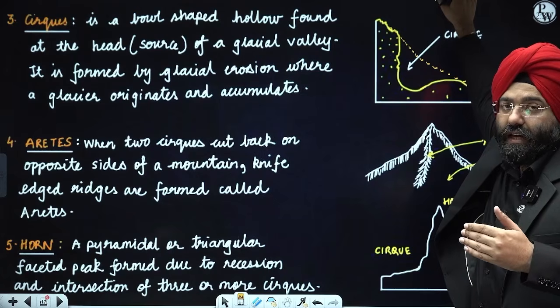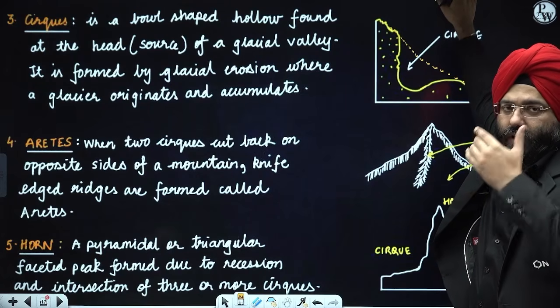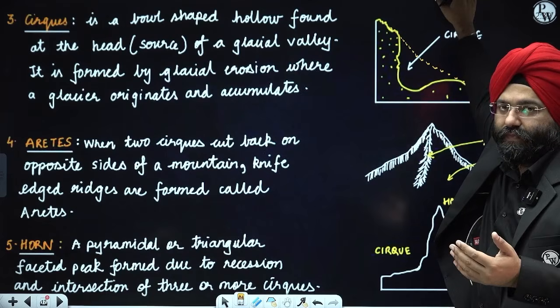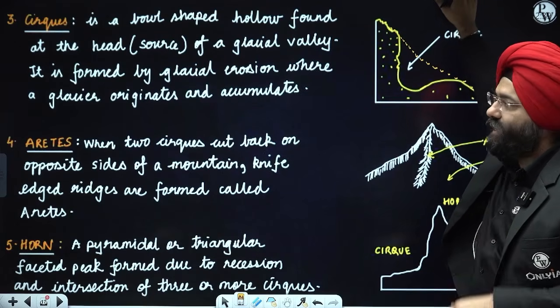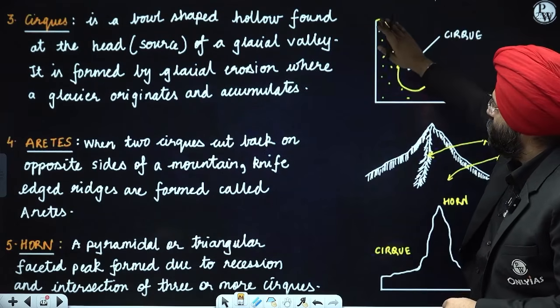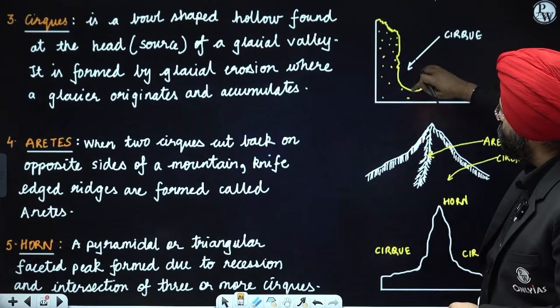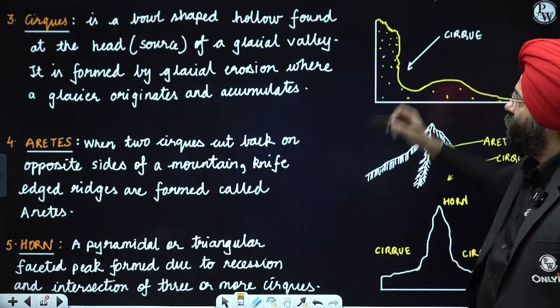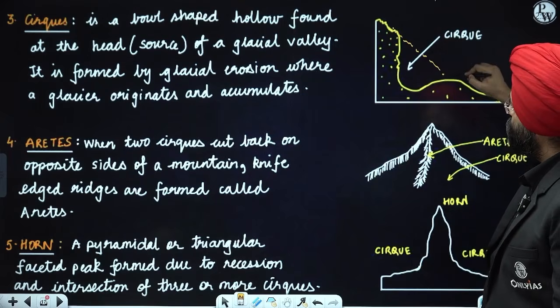But you will realize that the glaciers, when they are moving down the mountain slopes, are eroding the mountain slopes to a very great extent. Because of these erosions, it might result in a scenario where such depressions or hollows are formed because of the glacial erosions. As I've said, this was the initial surface.